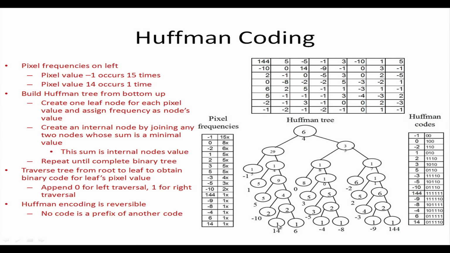For example, 14 has got the frequency 1. Let us look at one, say -10 has frequency 2, because it occurred twice here, -10 here, and there must have been another -10 here. All right. We can see that 5 has occurred 5 times.